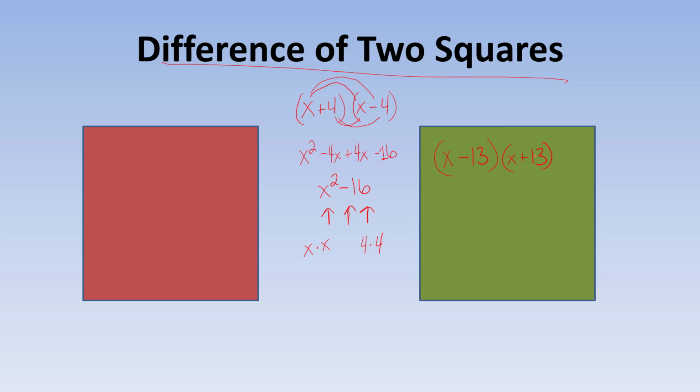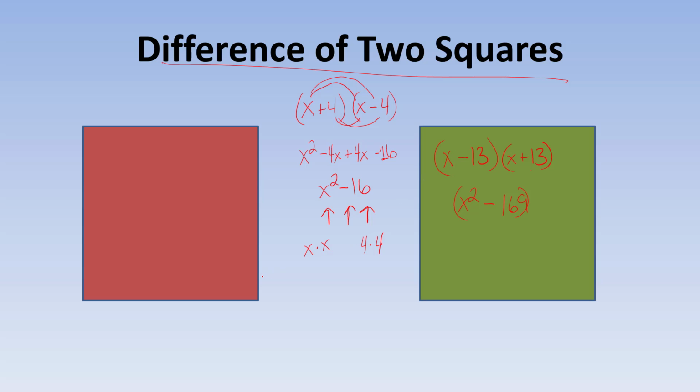Now, when I have x minus 13, x plus 13, I should be able to now jump to, I recognize these are the same binomials. One has a negative, one has a positive. X squared minus 13 times 13 is 169. Now that's our slight review of difference of two squares.